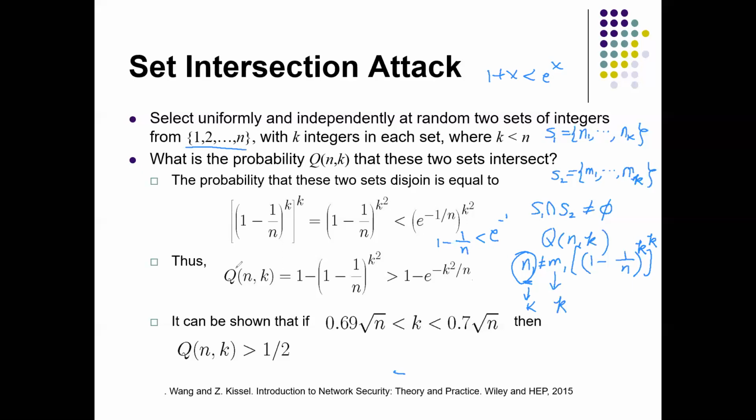Hence the probability that the intersection of these two sets is not empty is 1 minus this, hence is greater than that one. You do a little calculation, then you will know if k is approximately square root of n, then the probability that these two sets intersect is greater than 1/2.